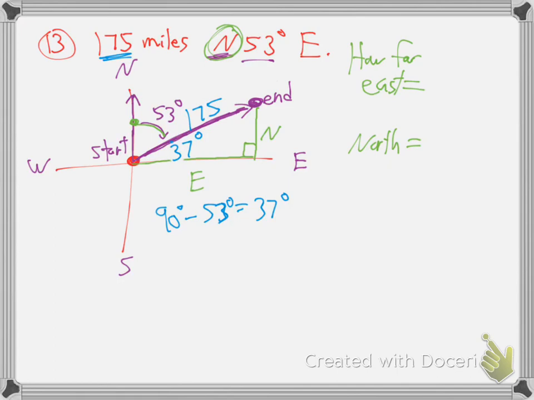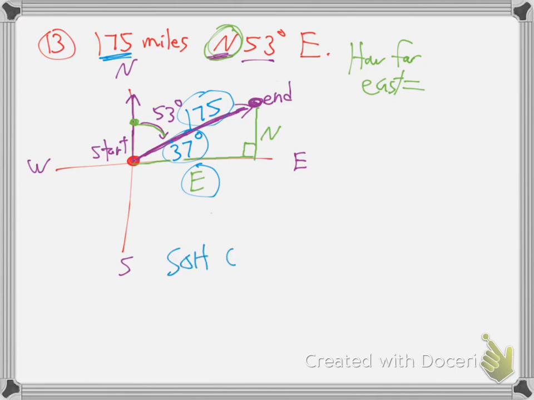We went 175 miles northeast, or north, 53 degrees east. So we use that to find the east and the north. So we can do that. So first off, for the east, move it over here. So what trig relationship is going to involve east and 175 and the 37 degrees? It's not tangent this time.